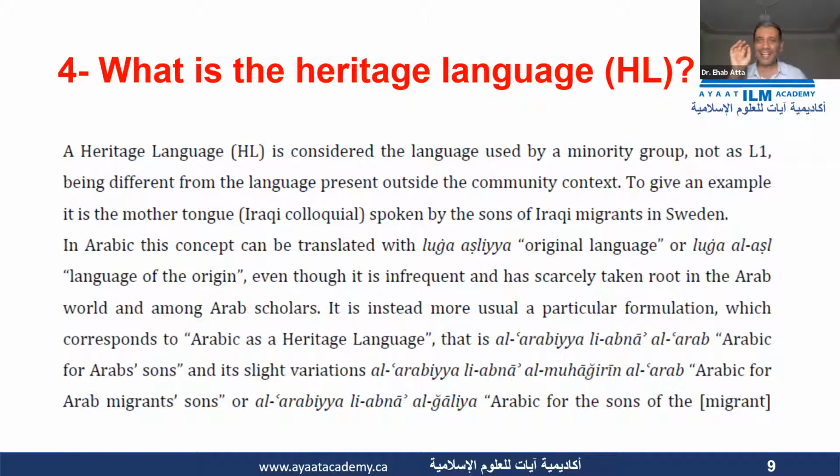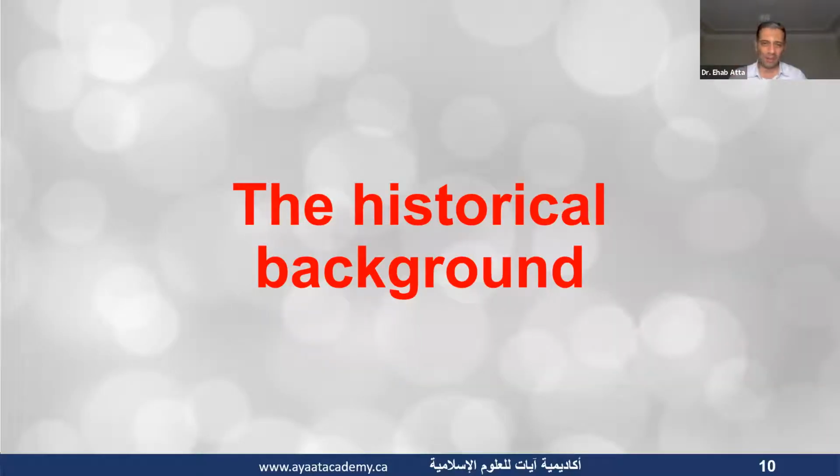So they still have a language, but maybe the language is not strong. It is a weak language, but still there is a language, and we shall put into consideration that they have this original language of their family language.